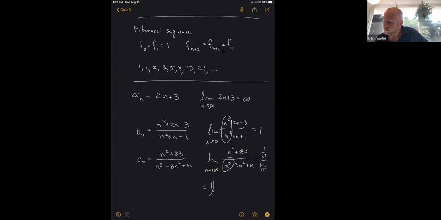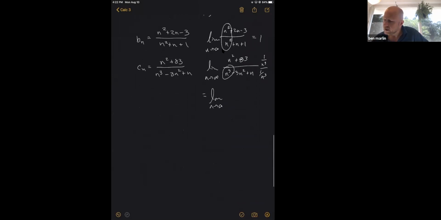And when you go through and get some cancellation, you are going to end up with 1 over n plus 83 over n cubed on the top. On the bottom, you'll have 1 plus 3 over n plus, well, with the cancellation, 1 over n squared.